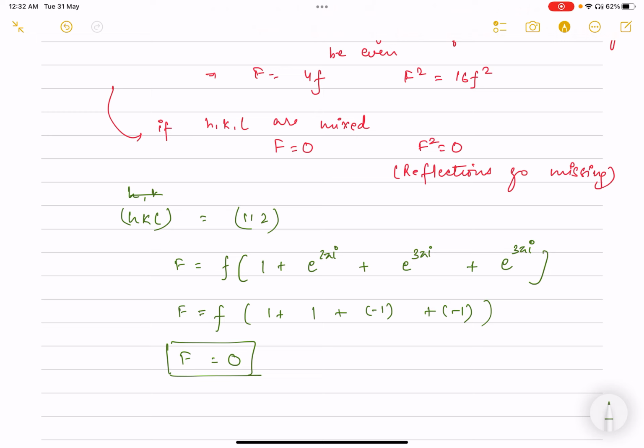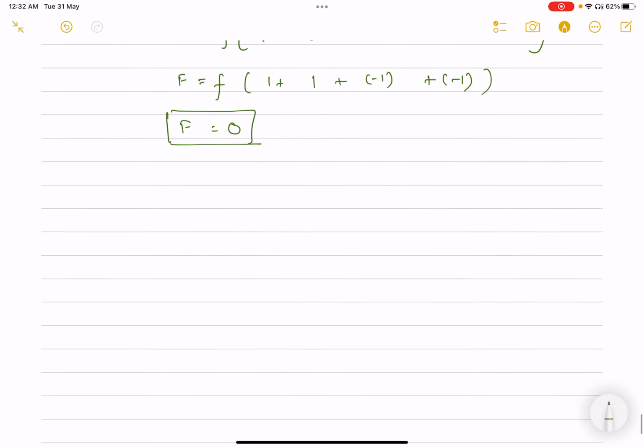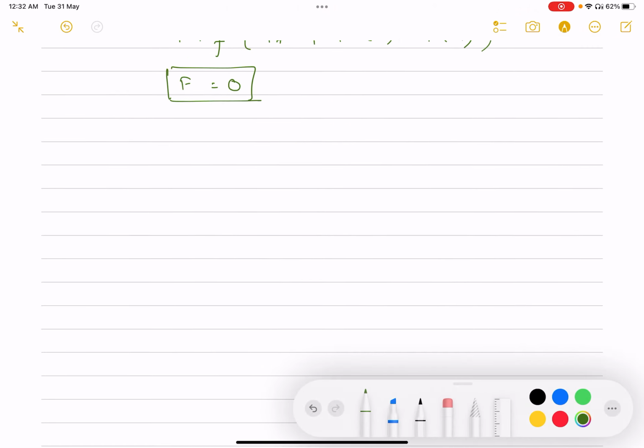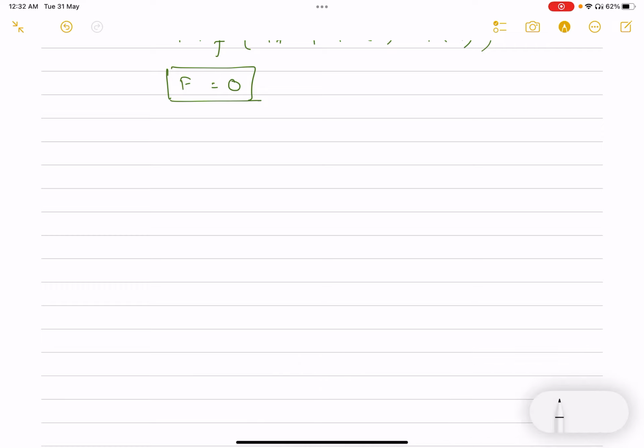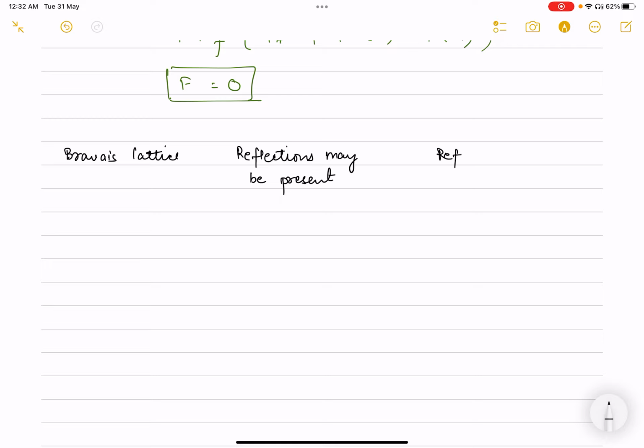So let us summarize which reflections are present and which are absent in general lattices. So we have the Bravais lattice type, then we have reflections which may be present, then reflections that are necessarily absent.